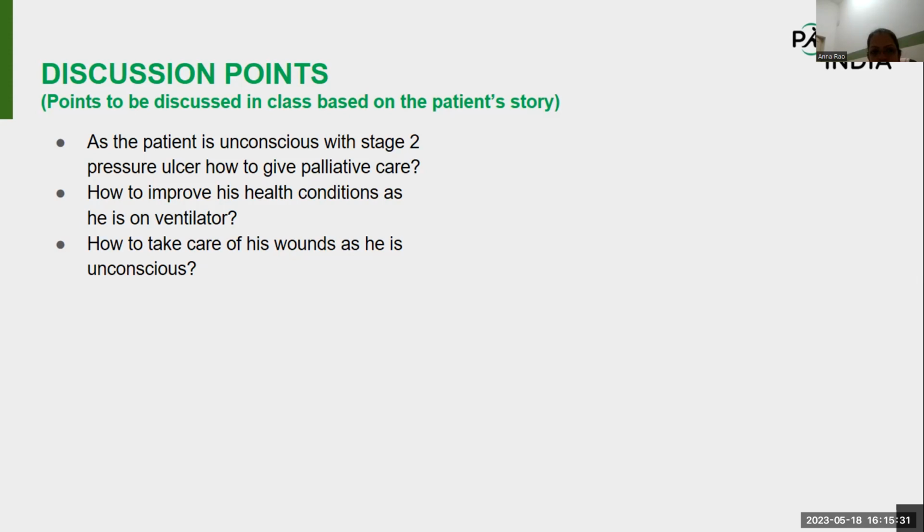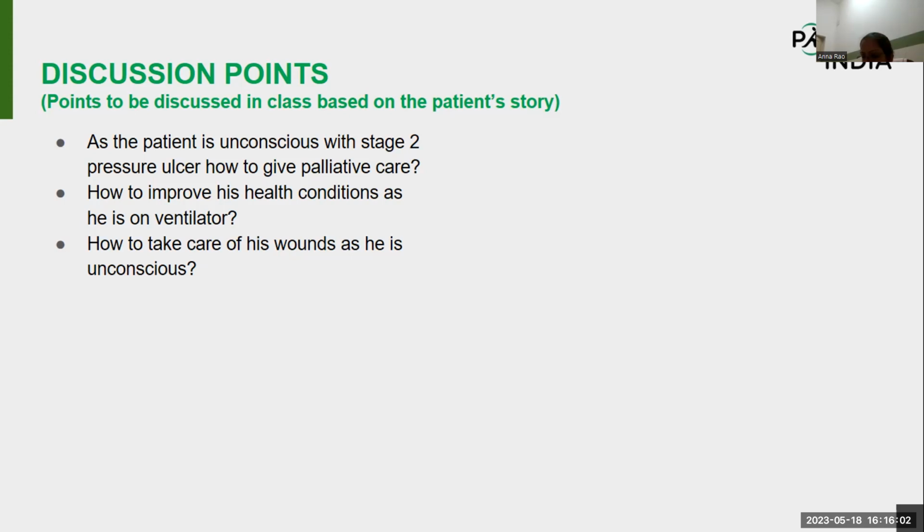But that also needs regular changing. So carers should be advised for that when the patient is at home. And it also causes a lot of perspiration. With our Indian weather, it becomes more and more difficult to manage the patient in bed with diaper. So that is another thing.